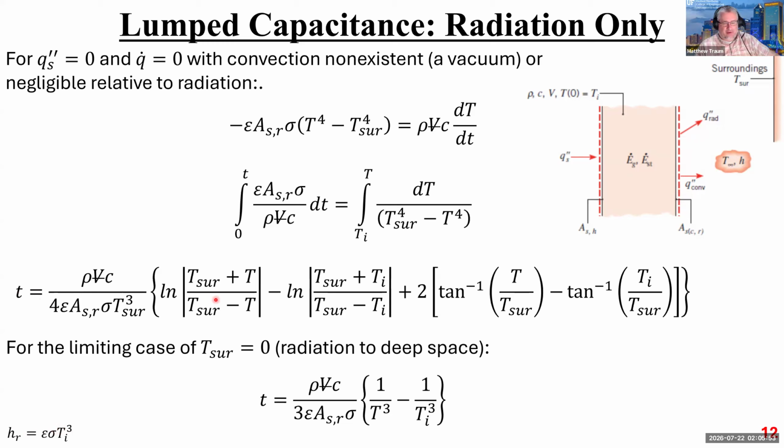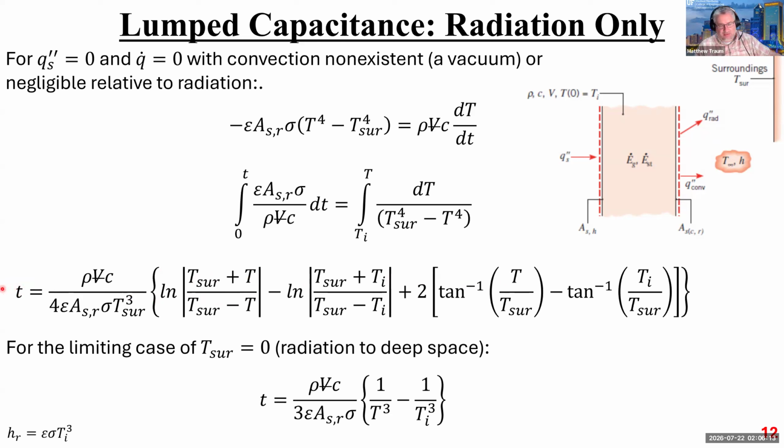Okay, so we have our expression here for temperature as a function of time. This one's actually time as a function of temperature, right? So you plug in whatever the temperature of your object is at a particular moment to this expression, and out will pop the time that it took to get there.